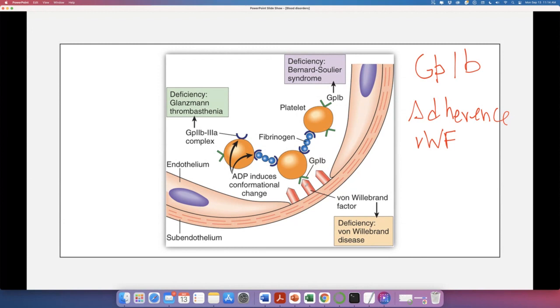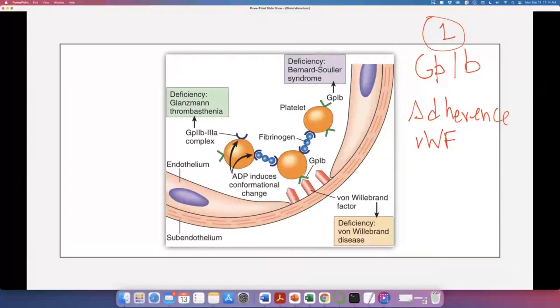So, as we see here, we have some details about how the platelets form the platelet plug. Damaging the endothelium leads to exposure of the von Willebrand factor. Platelets bind to von Willebrand factor using the GP1B receptor.